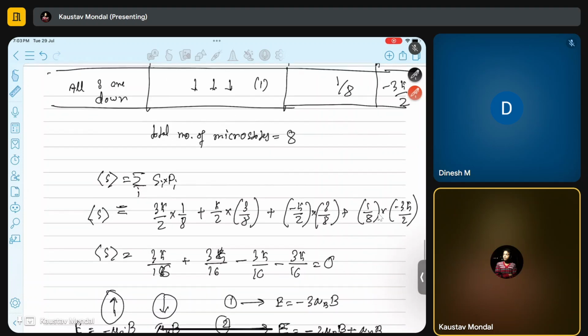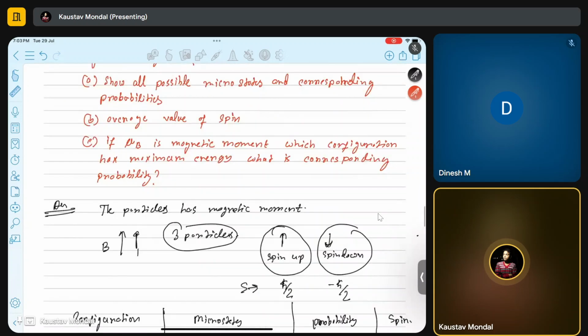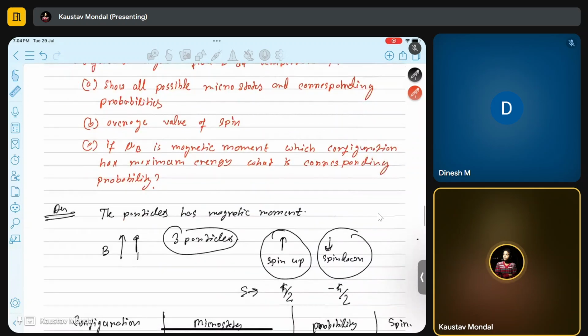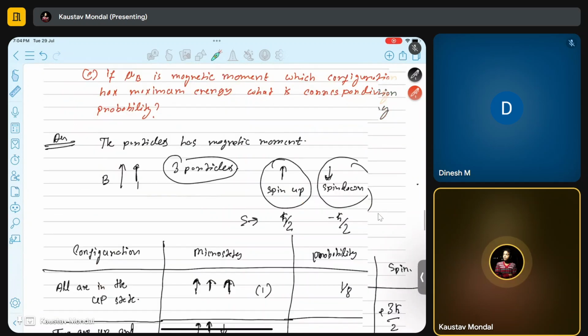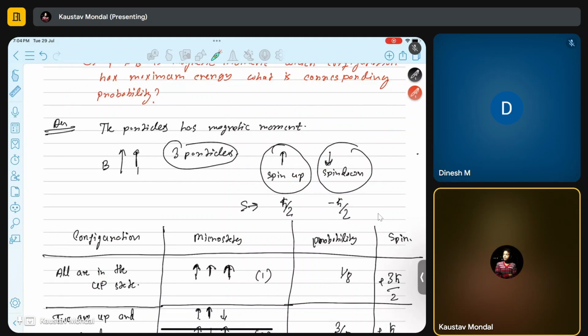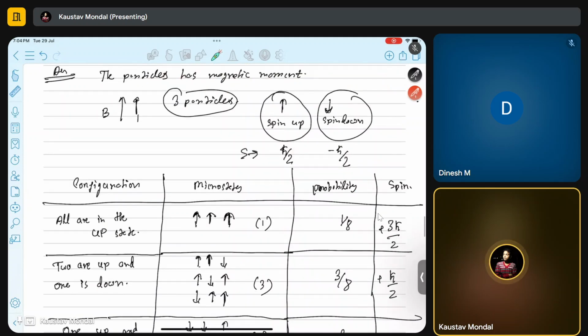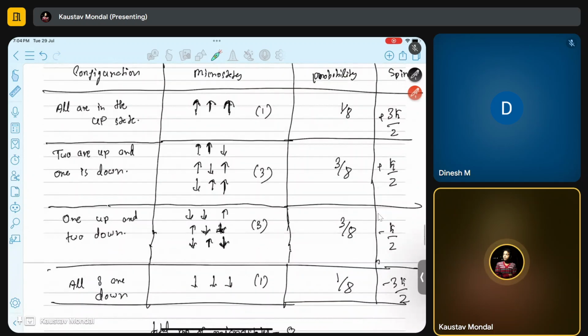So the thing is, you have some spin up particles. You basically put it in a magnetic field, a homogeneous magnet at a particular temperature T. So either the particle can have spin up or spin down state. Spin up state, the spin value is h cut by 2, and spin down is minus h cut by 2. So all the possible configurations you can write for three particles are there.